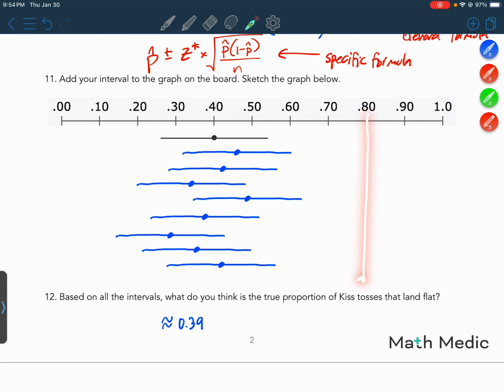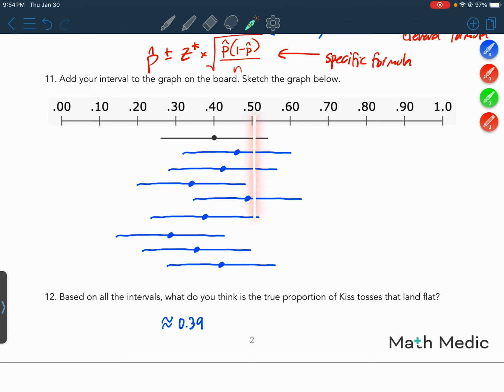None of the intervals would support that value. 10% wouldn't be a good guess either. Again, none of the intervals would support that value. 30% might be okay, but not every interval supports that. That one doesn't support it, that one doesn't support it, so only a handful of intervals would support 30%.